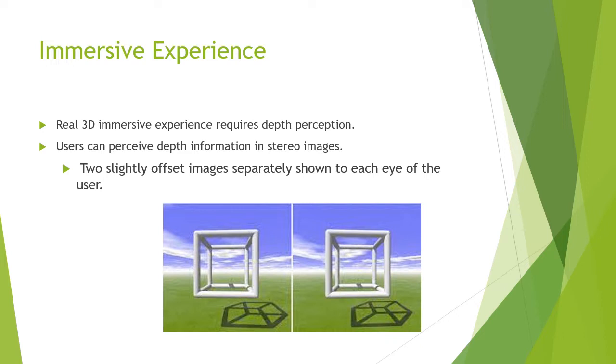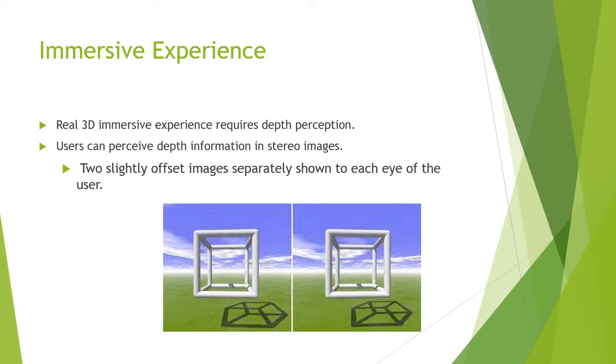And to achieve this goal, users are provided with stereo images. Specifically, stereo images are those images which contain two slightly offset images, separately shown to each eye of the user, as shown in the figure below.